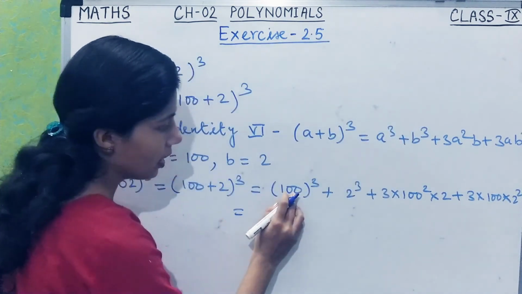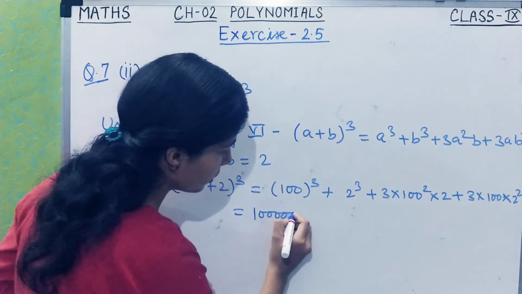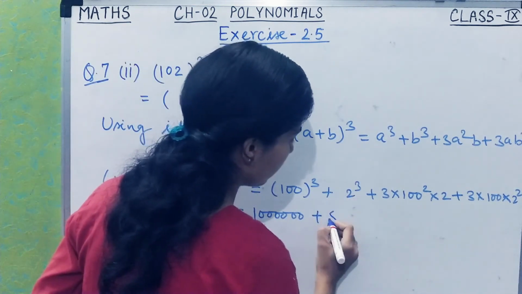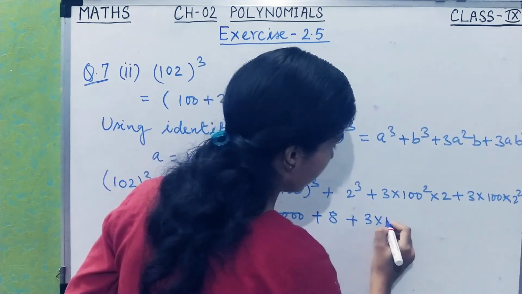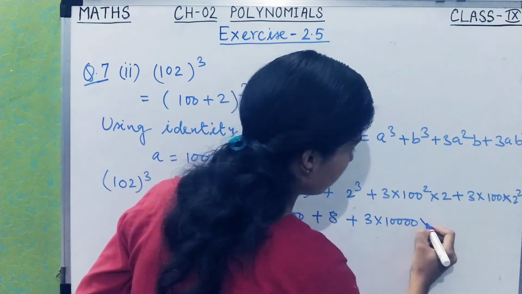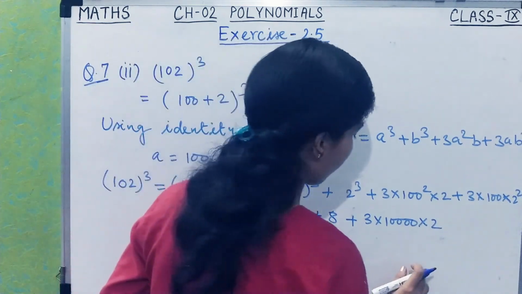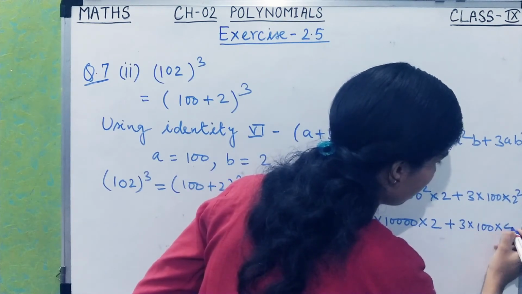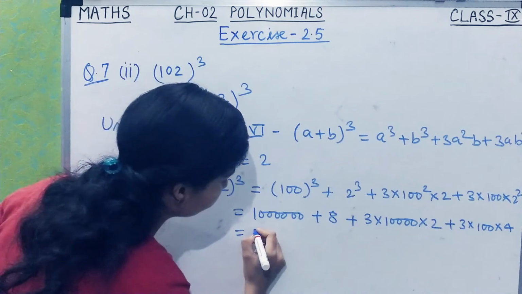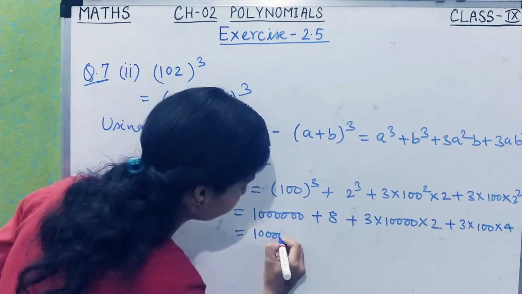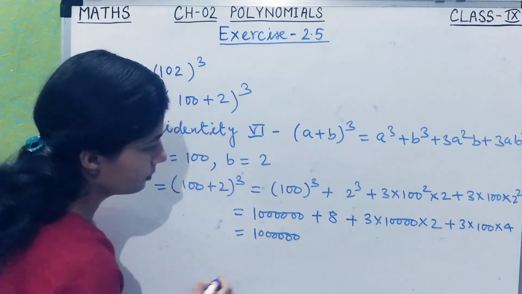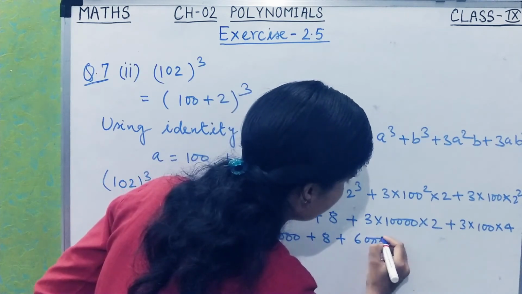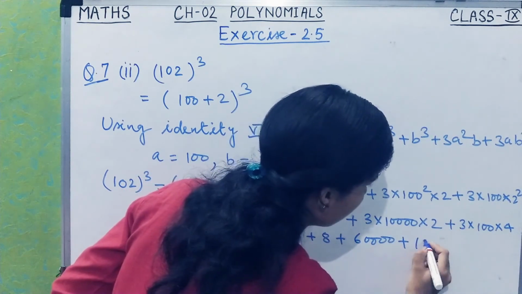Now solve it. 100 cube means there will be 6 zeros after 1, and cube of 2 is 8, and square of 100 means there will be 4 zeros after 1, into 2, plus 3 into 100 into 2 twos are 4. So 10 lakh plus this 8 plus 3 twos are 6, 4 zeros, plus 3 fours are 1200.